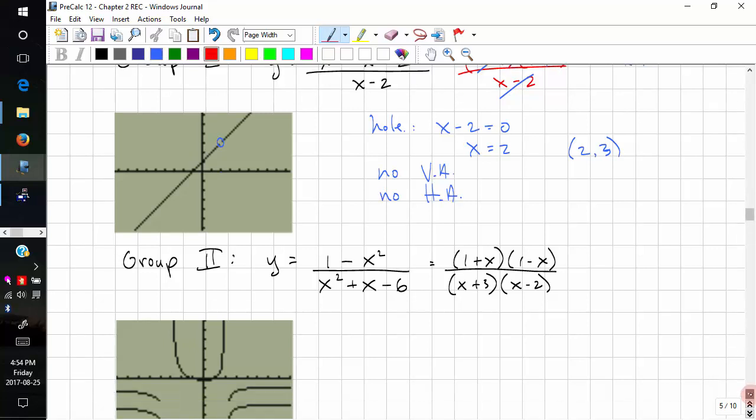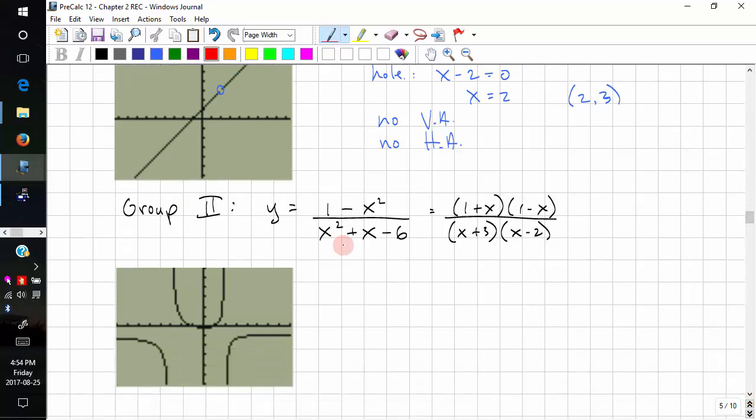Group 2. I've factored this one out for you. Nothing cancels out here, so we have NPVs: x equals negative 3, x equals 2. And this time, negative 3 and 2 are vertical asymptotes.